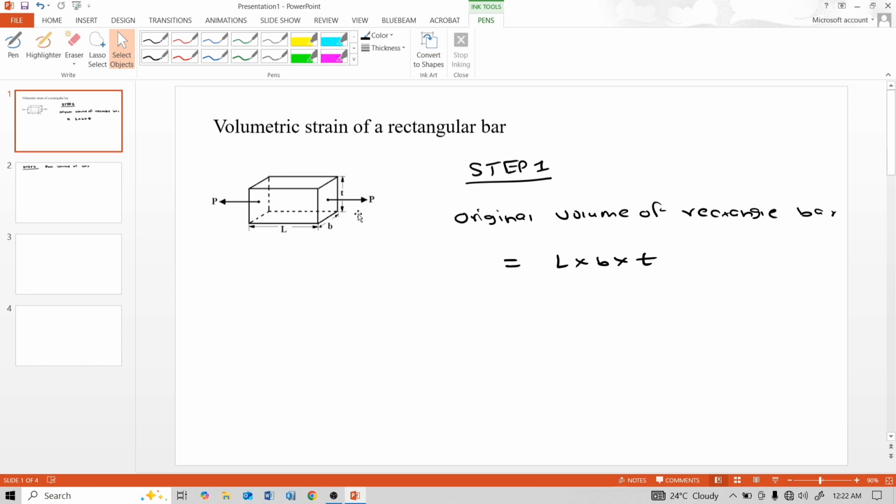After acting this axial load P, how does this bar deform? Final volume of bar is L plus delta L, that is, length plus change in length, multiplied by breadth plus change in breadth, multiplied by thickness plus change in thickness.